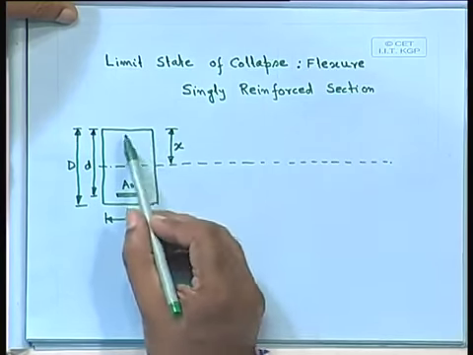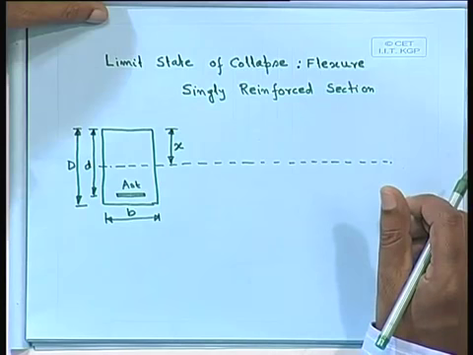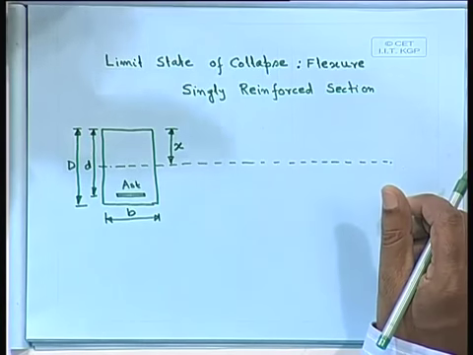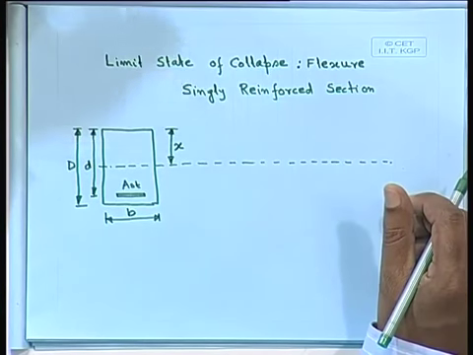In the working stress method, we have not taken the strain criteria, but in the limit state method we are specifying the limiting value of strain. For concrete, the limiting strain is 0.0035, that you should always remember, 0.0035.